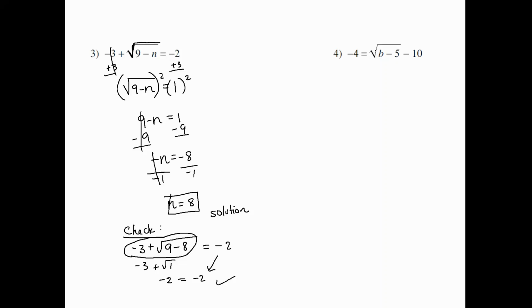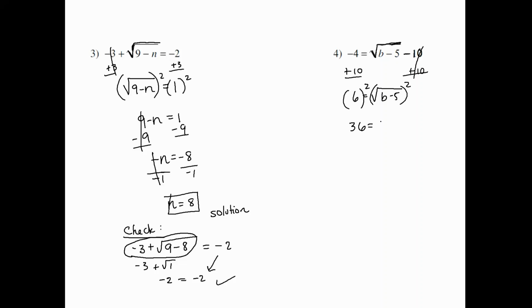Alright, this one, we want to leave the square root by itself on one side, but we have a minus 10. So we've got to get rid of that. We're going to add 10 to both sides. Let's see, we get 6 equals the square root of b minus 5. And because now we have a square root on one side, we're going to square both sides.